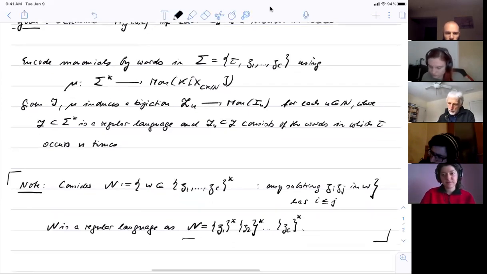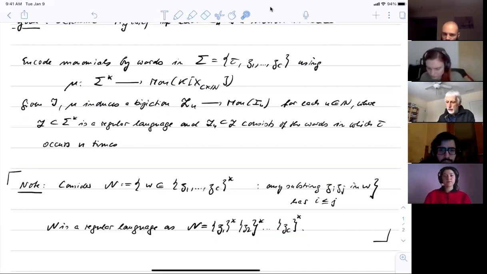This is the proof, because we had seen if you take one letter and pass to the star, that's a regular language. So this is true for any of these parts. And if you concatenate, you still get a regular language by definition. All right.